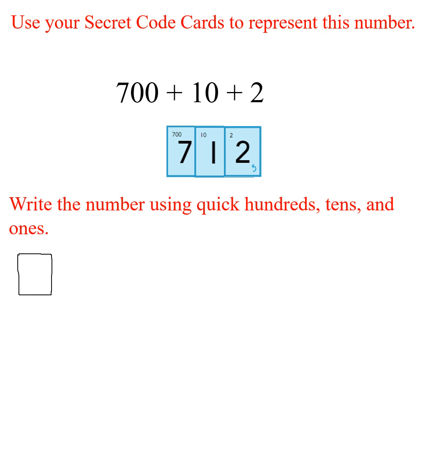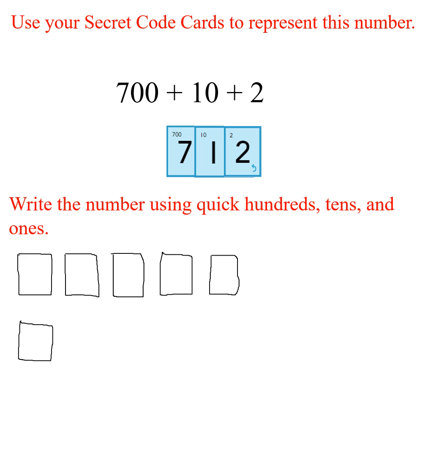So I have 100, 200, 300, 400, 500. I'm going to put the next one down below because we want those groups of 5. So I'm going to do 600. Ooh, there's that goofy mouse on me again. 700.